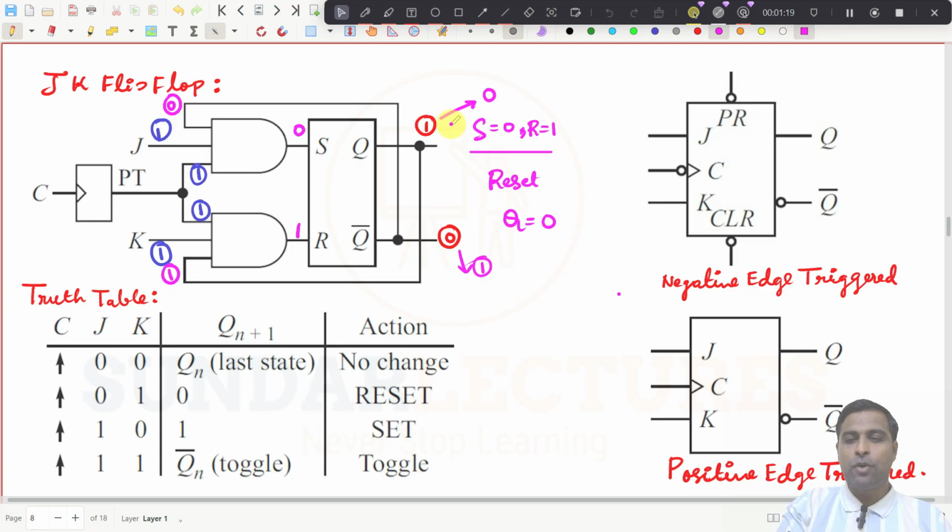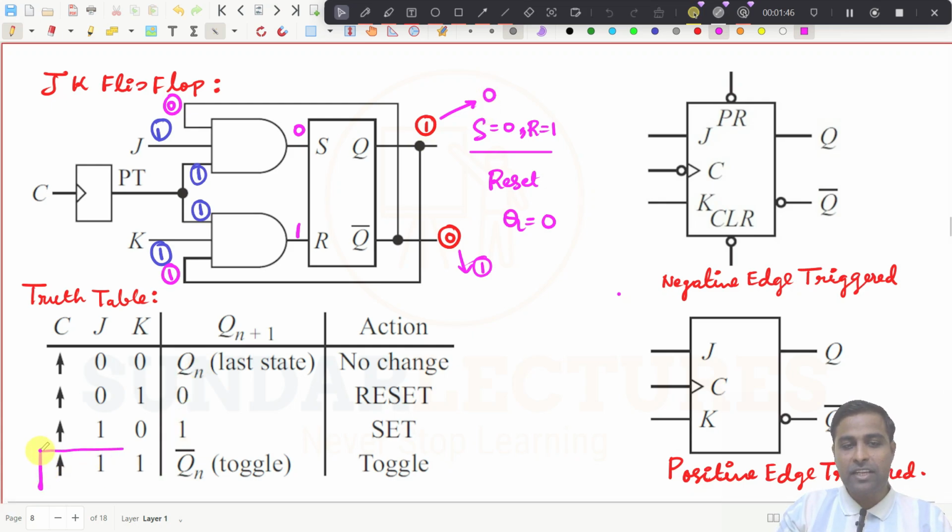So anyhow, what is happening here: if the present state is 0 and I give 1 1, it is going to become 1. If the present state is 1 and I am giving J is equal to 1, K is equal to 1, this is going to become 0. Can you understand what is happening here? It is toggling, which means the output is going to change from its state to its opposite one. So that is what we have just written here.